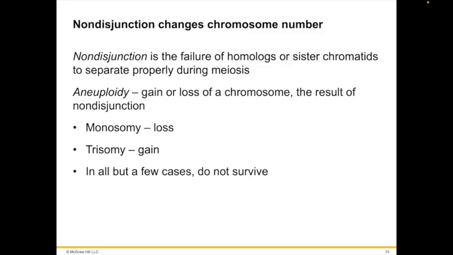Individuals who have lost one copy of an autosome are said to be monosomic, and generally do not survive embryonic development. In all but a few cases, individuals who have gained an extra autosome, called trisomics, also do not survive. Data from clinically recognized spontaneous abortions indicate levels of aneuploidy as high as 35%.